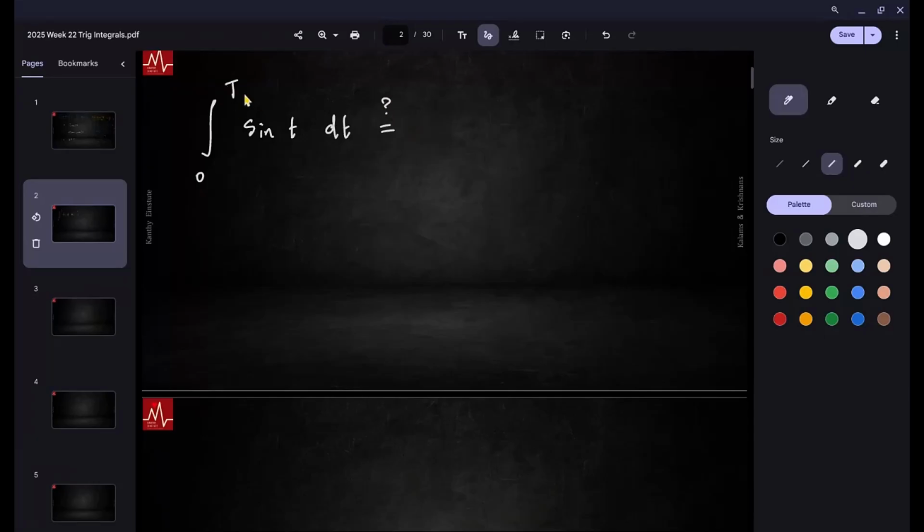T is the corresponding time period. If I integrate sine t over a full time period, what do you get?